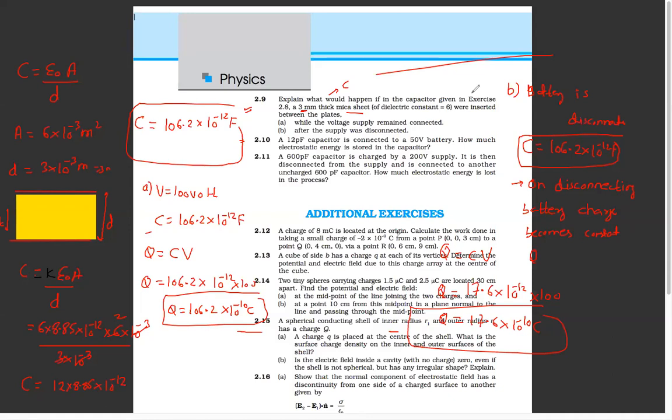Constant means the charge before the introduction of dielectric, that is, the charge that we have calculated in section number 2.8. That is equal to the charge before introducing dielectric.